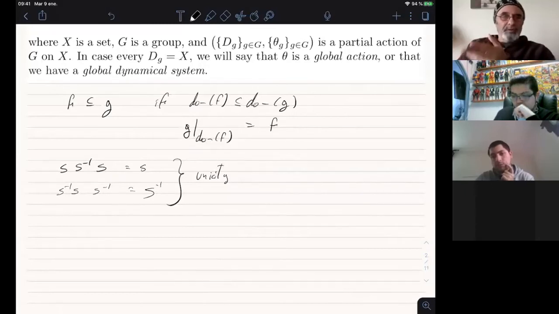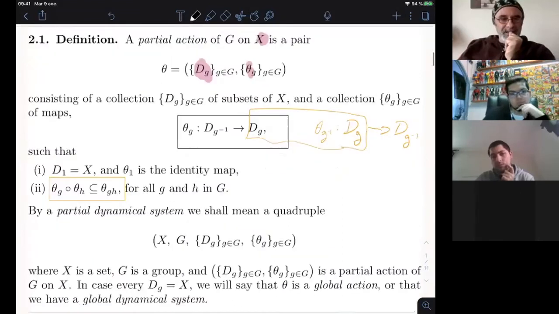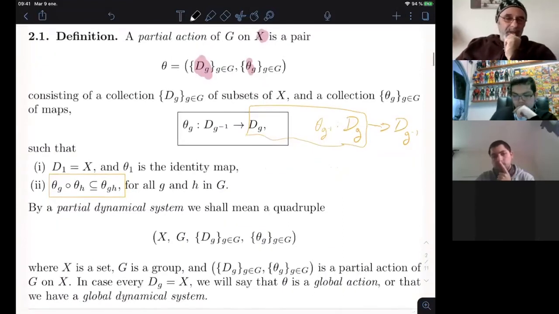The difference is in point two. For an inverse semigroup, you have a larger class of objects acting, which are more general than the groups. But you asked that the correspondence between G and theta G should be a precise morphism. This means you have equality here and you don't have inclusion.